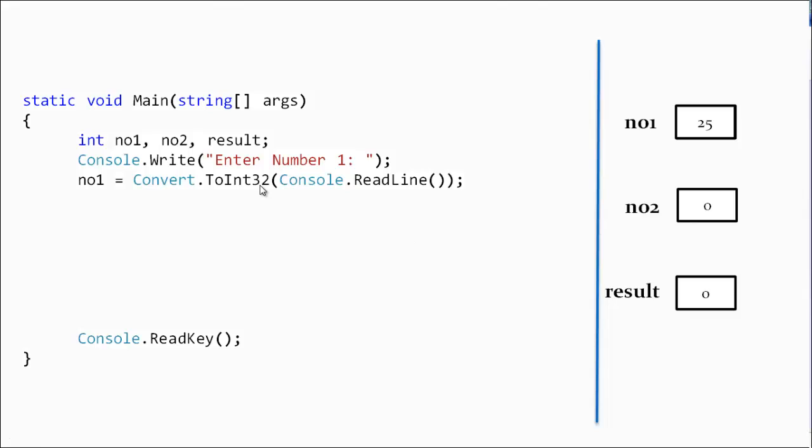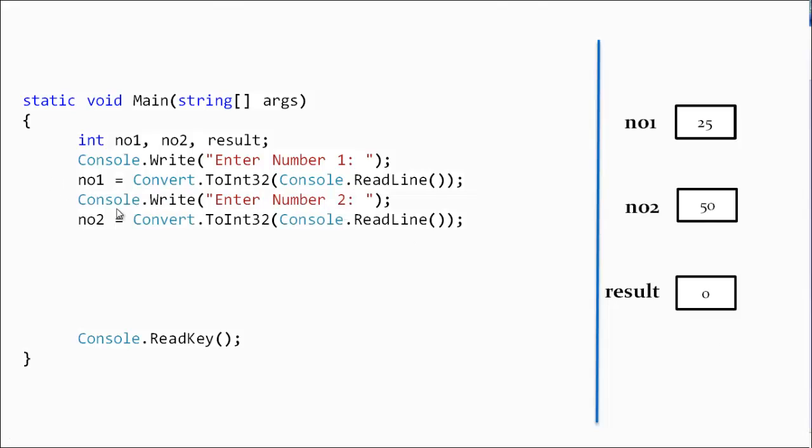This we need to do because the value will be in string format and we want to assign it to an integer variable, so before assignment we need to convert it into an integer. The next statement will ask the user to enter the second number, and in the same way Console.ReadLine will read the input and assign it to number2.